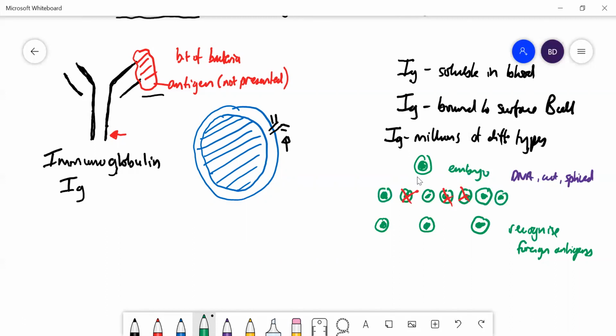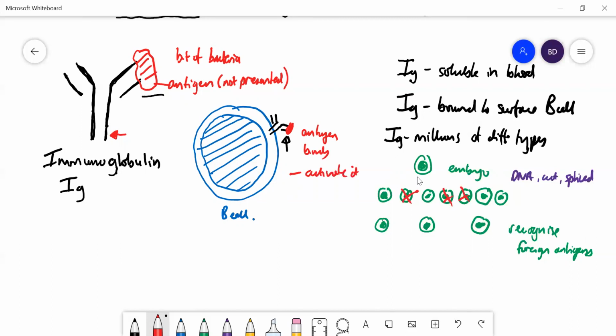Let's say you've got this B cell, and it can bind that red antigen. The red antigen will bind to the surface of the B cell, and that will activate the B cell.